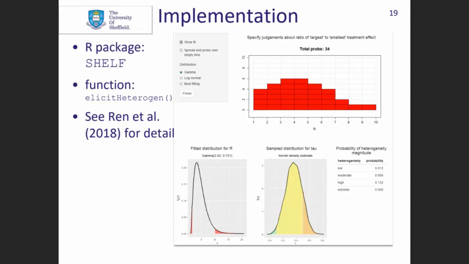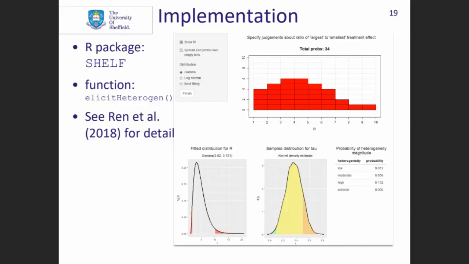In this case, we are asking experts to provide their judgments about the ratio of the largest to the smallest treatment effect, and then the program behind it will turn this histogram into a parametric distribution, which is the prior distribution for this ratio or the range of the treatment effect, and then will transform this prior distribution to a prior distribution for tau, which is the heterogeneity parameter.